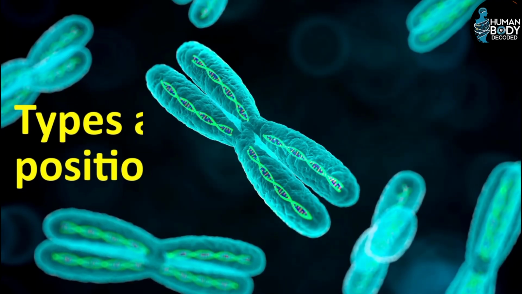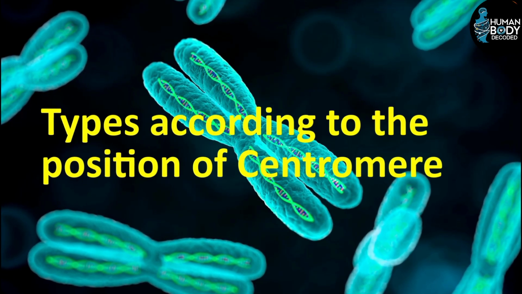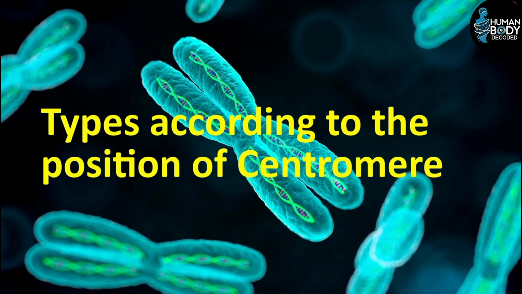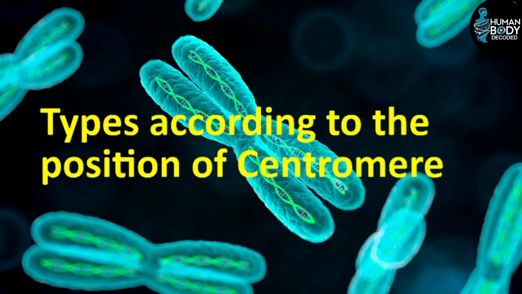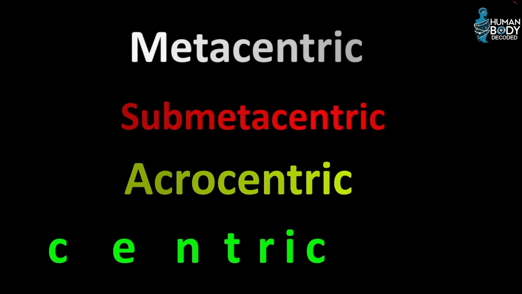There is another classification of chromosomes based on the position of the centromere. There are four types, and let's study them as well. They are named metacentric, submetacentric, acrocentric, and telocentric.